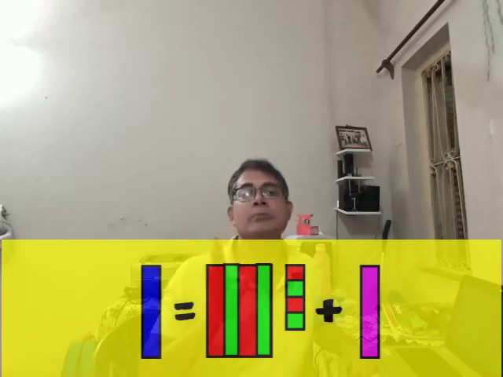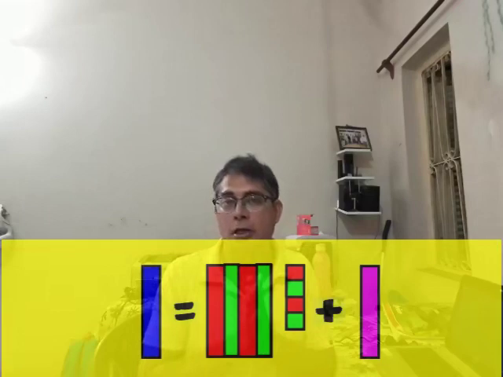Now when I am doing this multiplication, what I am doing is basically red times red plus green times green. So I can write the same thing with all the red things put together and all the green things put together.